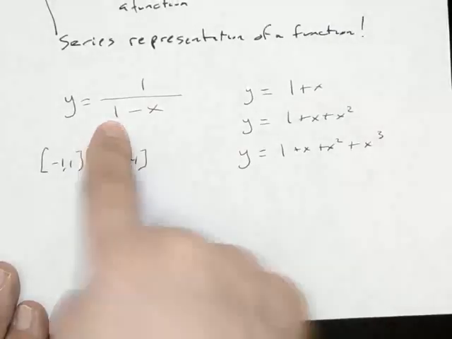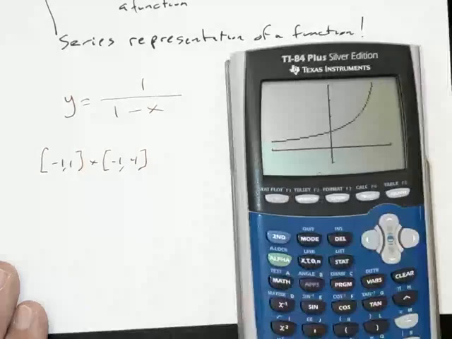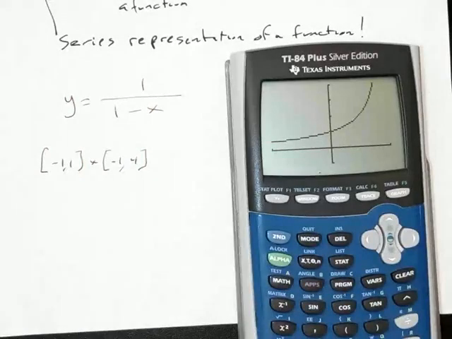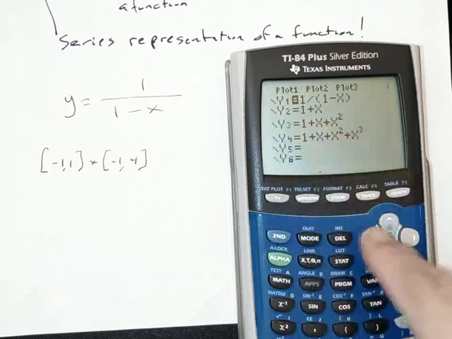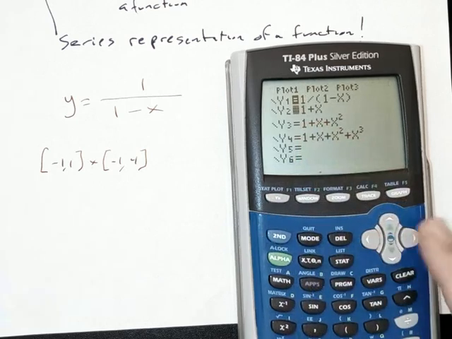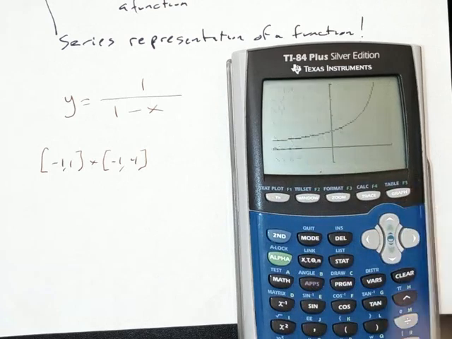So when I graph this function, I get this picture. And that's got a vertical asymptote at 1. If I add in the line y equals 1 plus x, wait a second. That line happens to be the tangent line at 0.